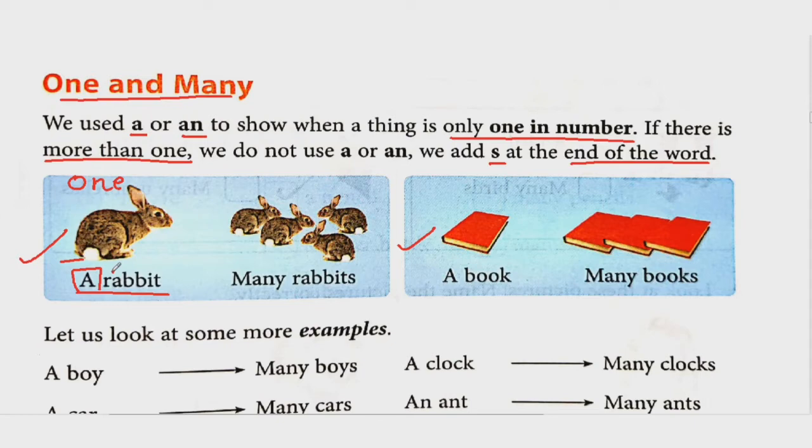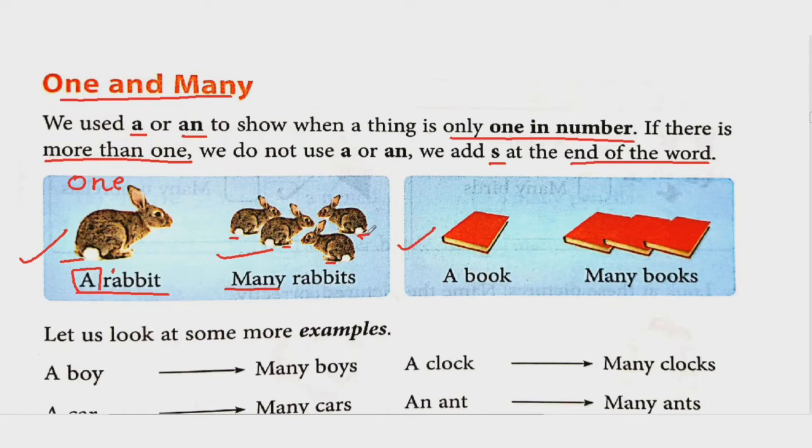Now here you can see 4 rabbits, so we will use many before rabbits because rabbits are more than one. 1, 2, 3 and 4. There are 4 rabbits. That means more than one. That's why we have used the word many before rabbits.